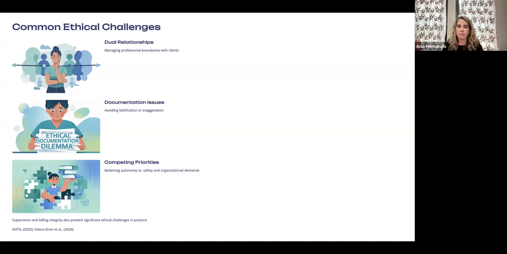This can look like, in your intake information, when you bring on a client, you can literally put in there the definitions of the dual relationship and the level of expectation. For example, conversations regarding your child's care will not take place outside of the clinical practice.